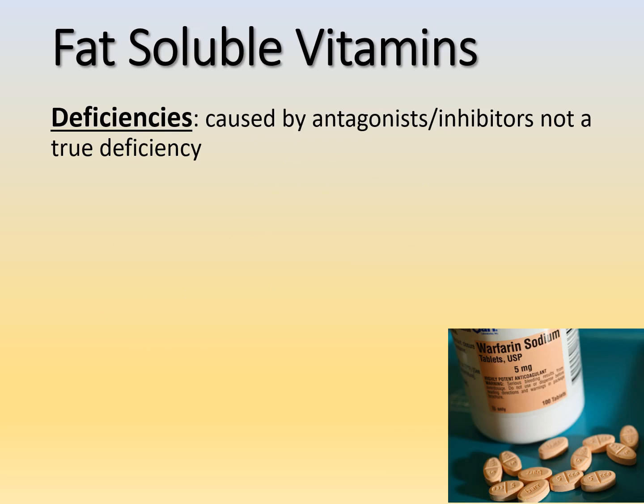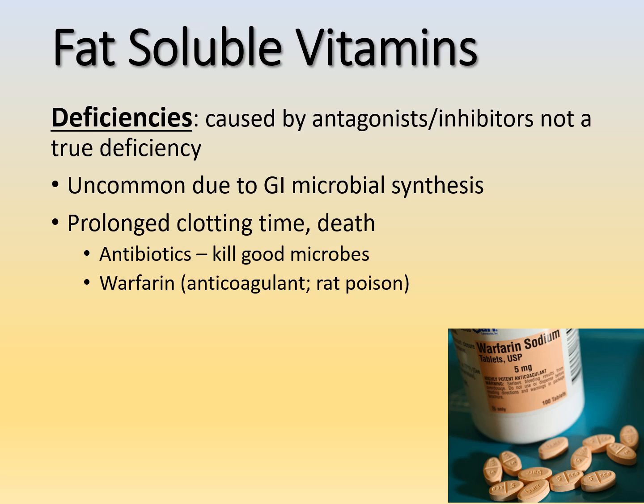So when we talk about vitamin K deficiency, it's not a true vitamin deficiency. It's usually caused by an antagonist or inhibitor, meaning that a drug is going to block the action or the production of vitamin K. So true deficiencies are uncommon because we do have that GI microbial synthesis going on.